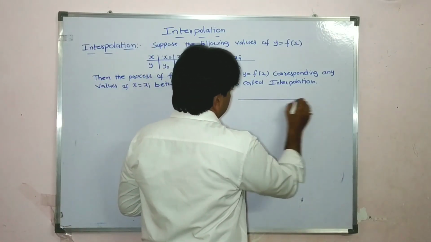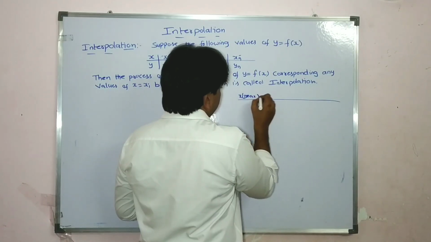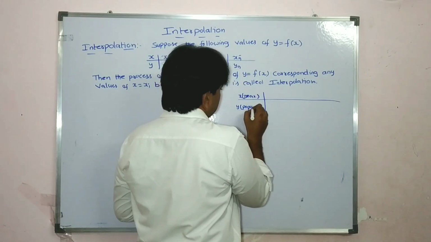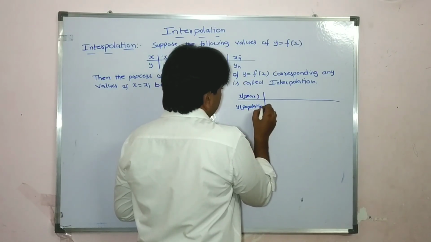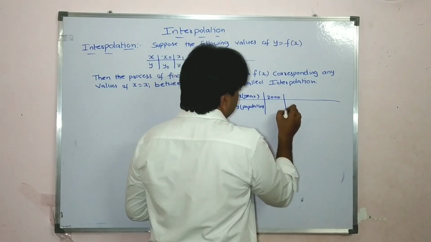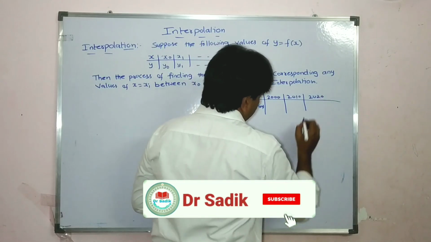Suppose x is year, students, and y is population. Now x is 2000, 2010, 2020, students.